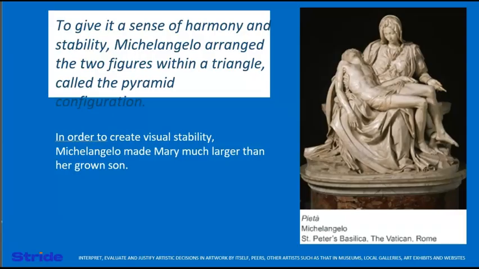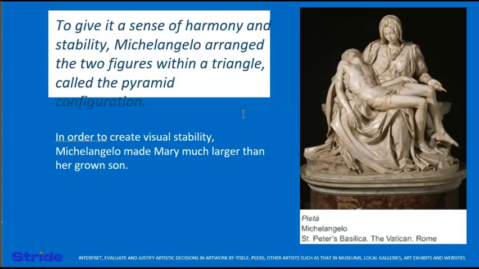To give it a sense of harmony and stability, Michelangelo arranged the two figures within a triangle called the pyramid configuration. I'm going to trace this triangle. See how there's a top and then it comes down, and it's wider at the base. Michelangelo used this to create visual stability.